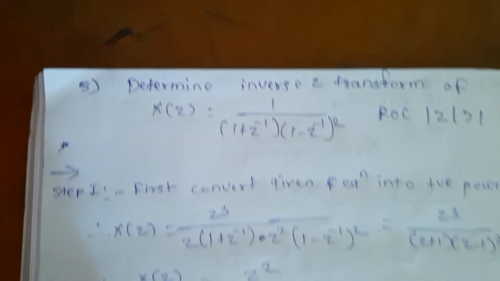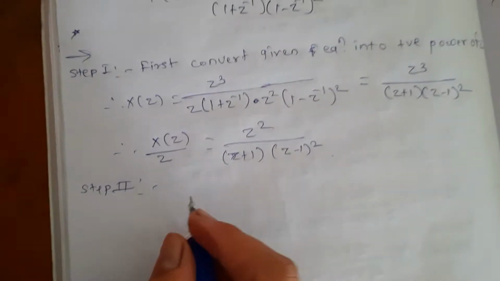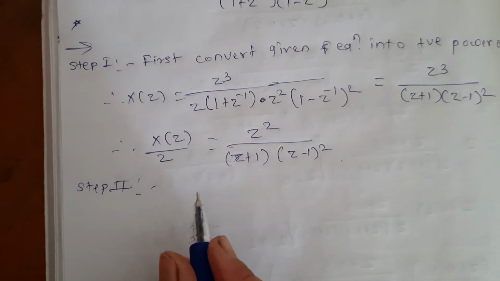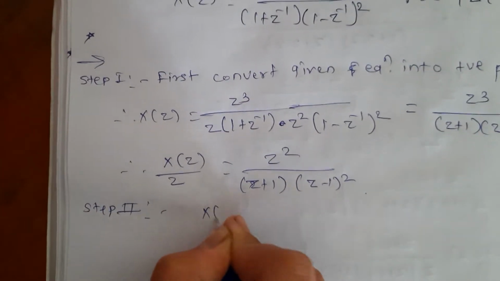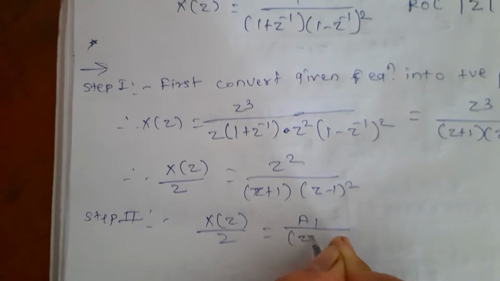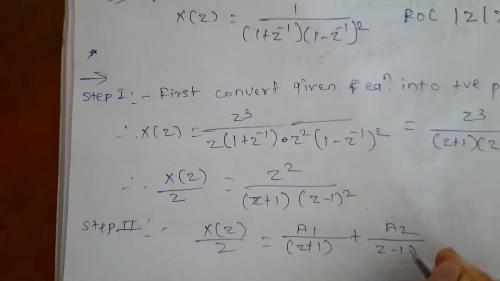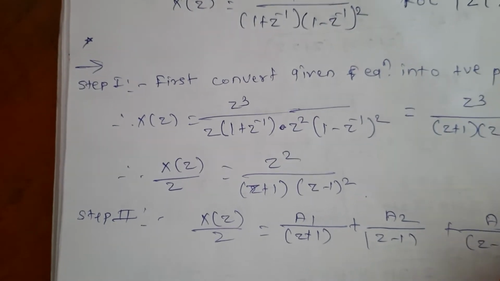Now step 2. This is the case of repeated roots. So in partial fraction form we can write X(z)/z equal to A1/(z + 1) plus A2/(z - 1) plus A3/(z - 1) squared.